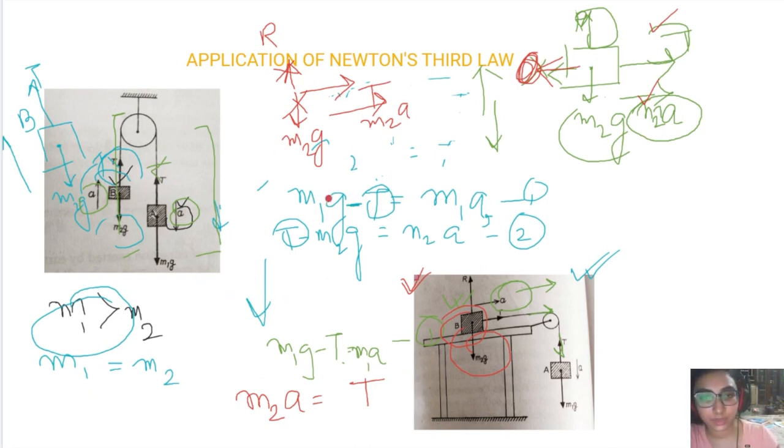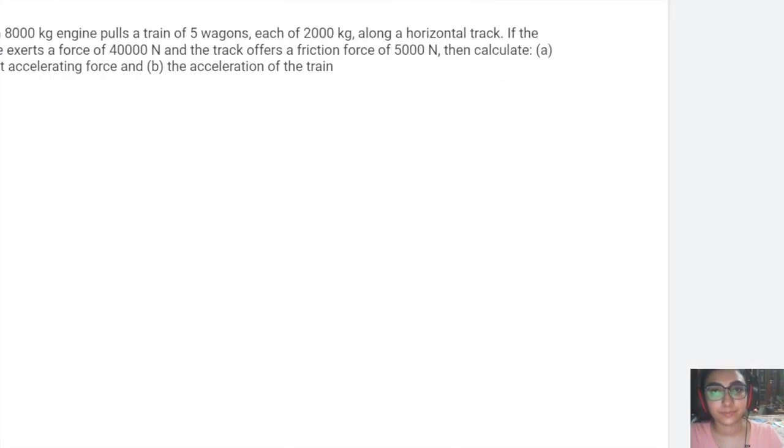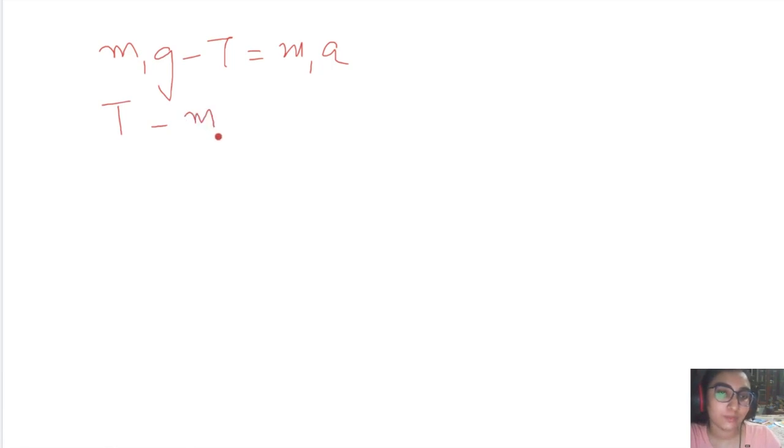Okay, so now let us solve the first equation. तो यहाँ पे, let me just write it in another slide. यहाँ पे it was m1g minus T equals m1a, and for the other body it was T minus m2g equals m2a.